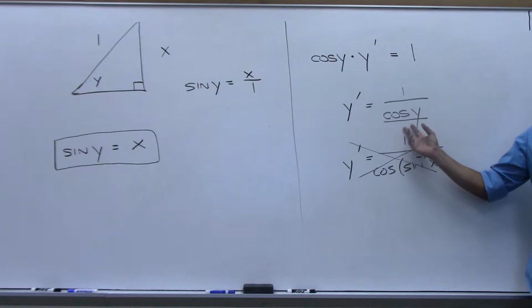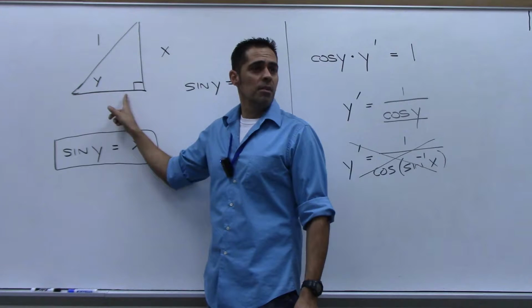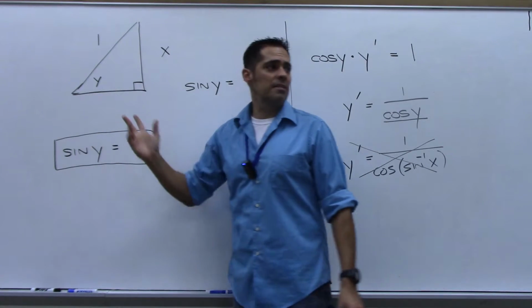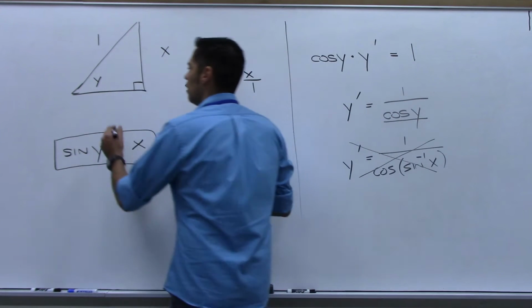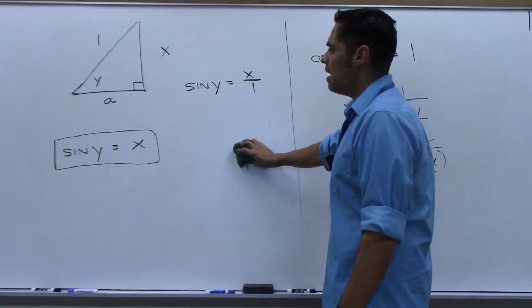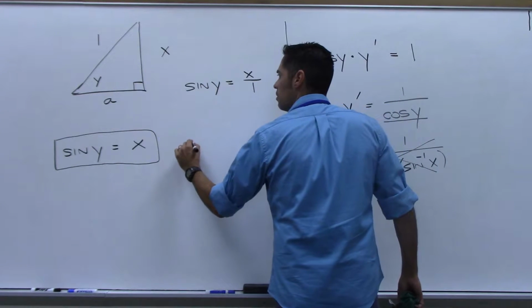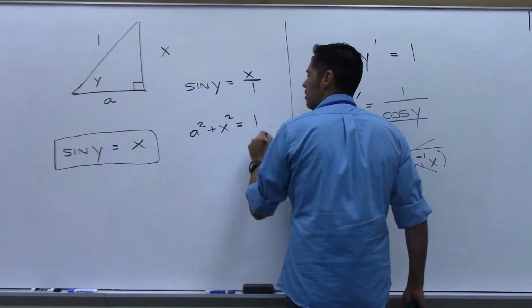Now, what is it that we wanted to know? What is cosine of y? That's adjacent over hypotenuse. Do you know the adjacent side? You can solve for it, right? You don't know it right now, but you have 2 of 3 sides of a right triangle. Let's call it A for adjacent. So a squared plus x squared is 1 squared, which is 1.